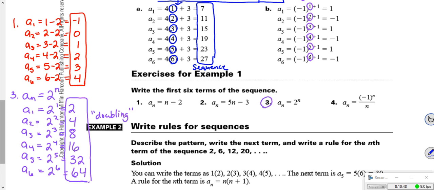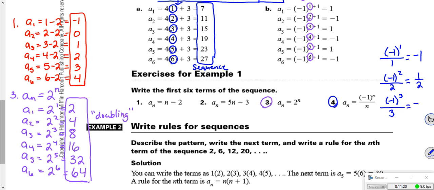Okay, and number 4, let me see if I can do it here off to the side. I may not do all 6 terms, but for this number 4, I would have -1 to the first over 1. Then I would have -1 squared over 2. Then -1 cubed over 3, and so on. So this would just give me -1. This one, -1 squared, is +1, so this would give me 1/2.